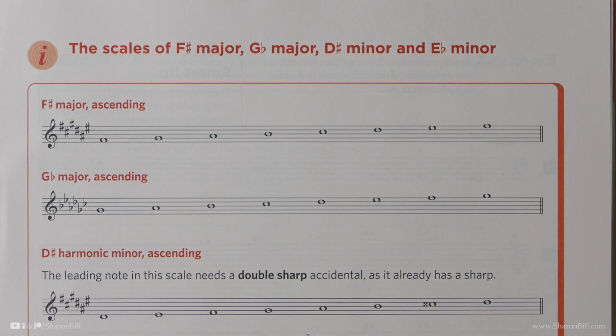Moving on to page 29 of Grade 5 Discovering Music Theory, let's take a closer look at the scales of F sharp major and G flat major, which are enharmonic keys, and D sharp minor and E flat minor, the related keys, which again are enharmonic.